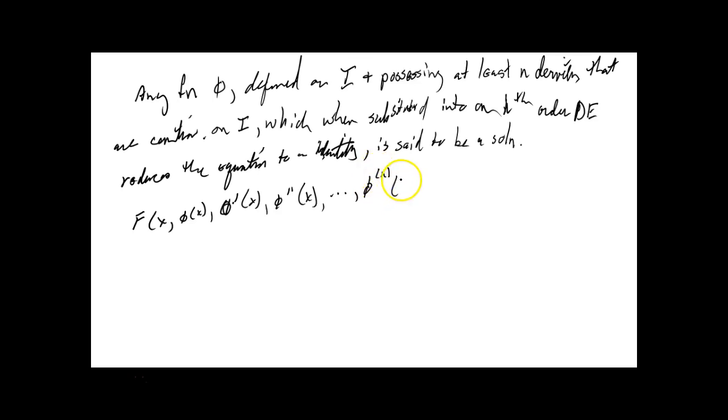That's the nth derivative of phi of x. That closes out the function thing. That's equal to 0. Okay. For all x's in that interval.